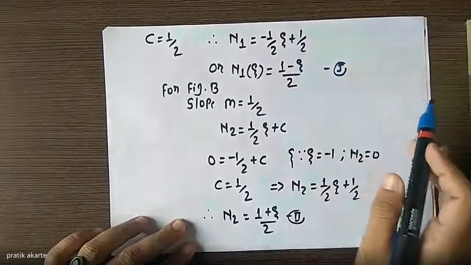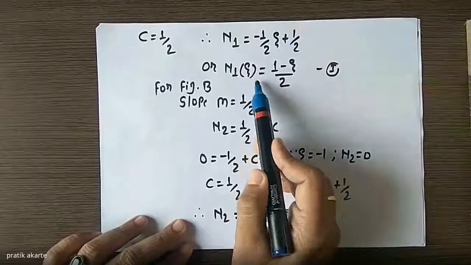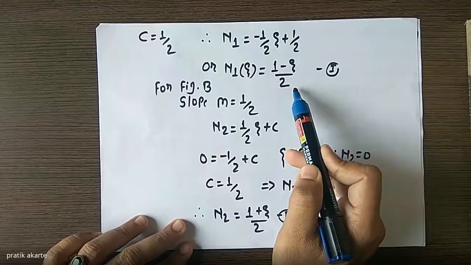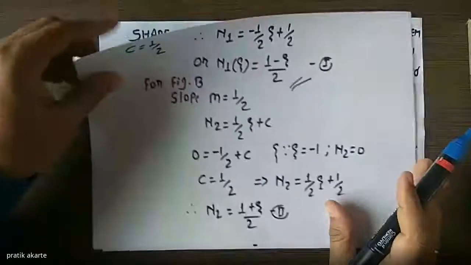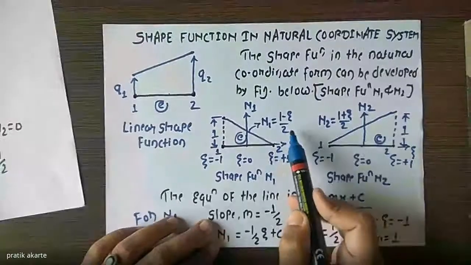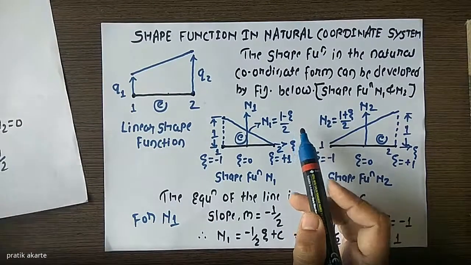Or, if we take out zeta over here, N1 zeta is equal to 1 minus zeta by 2. That is your equation number 1. So shape function N1 in terms of zeta is 1 minus zeta by 2.